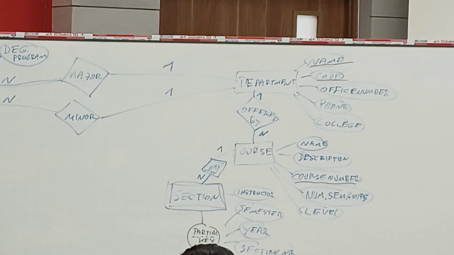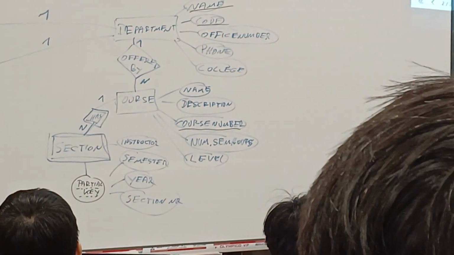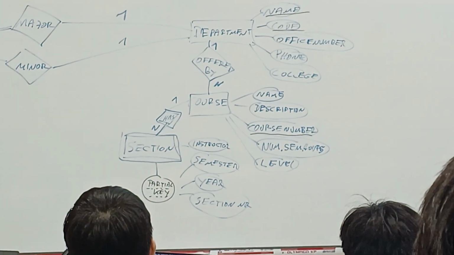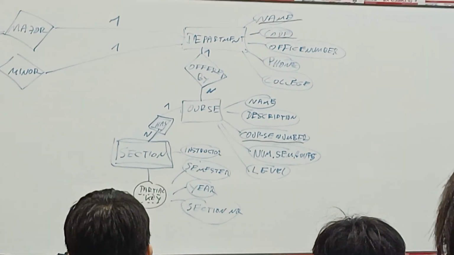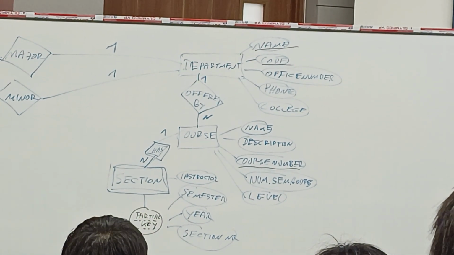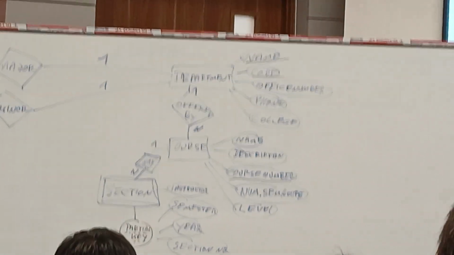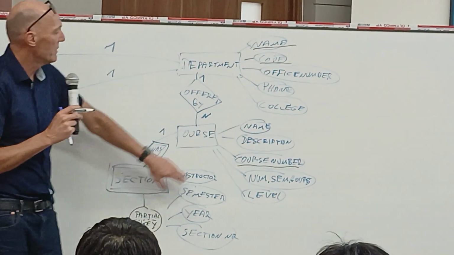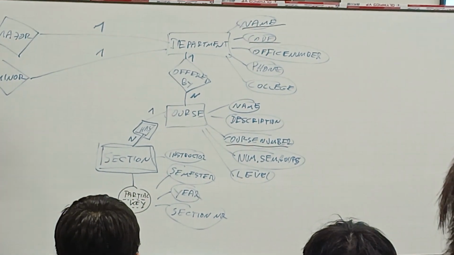We tell that the combination of semester, year, and section number is unique, or is a partial key. I need a composite attribute composed of semester, year, and section number, and this in combination is one part of the key, and in combination with that other part of the key, then you know which section we're talking about.